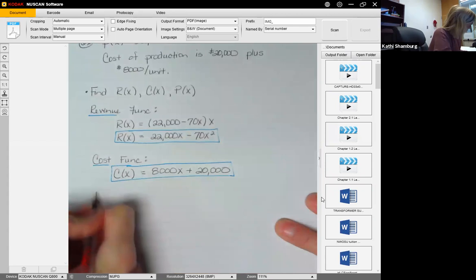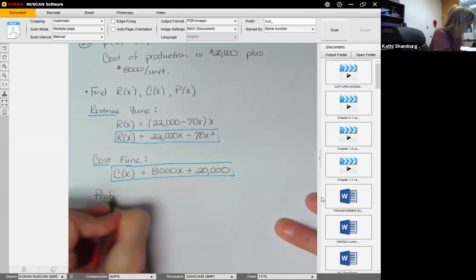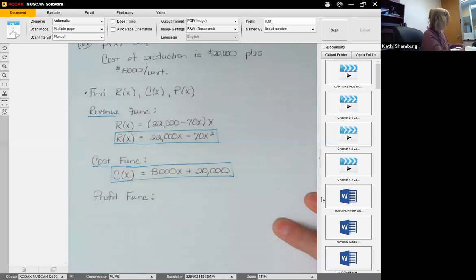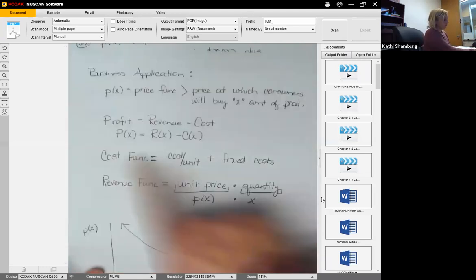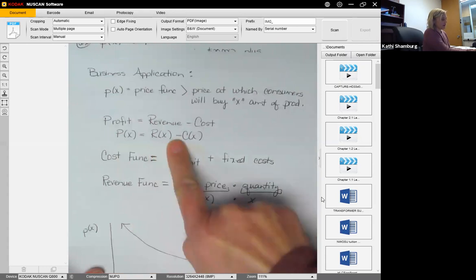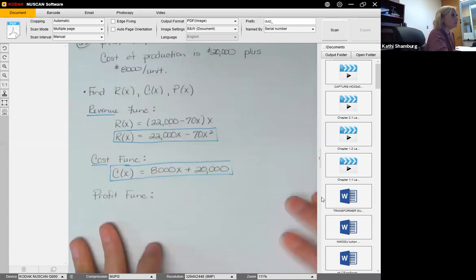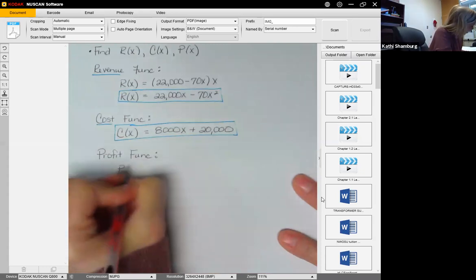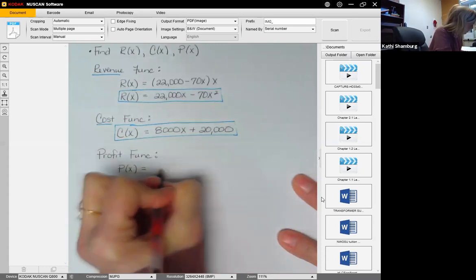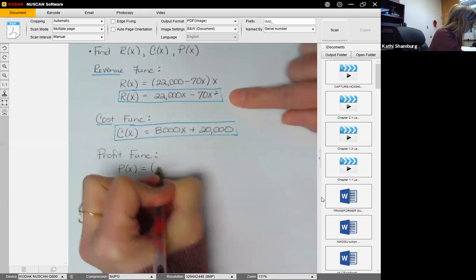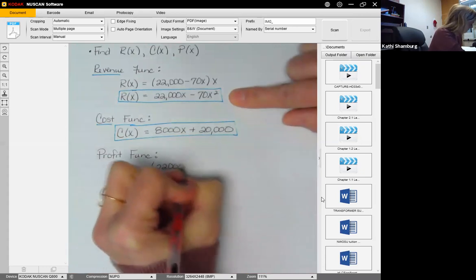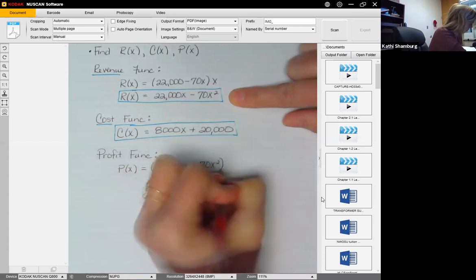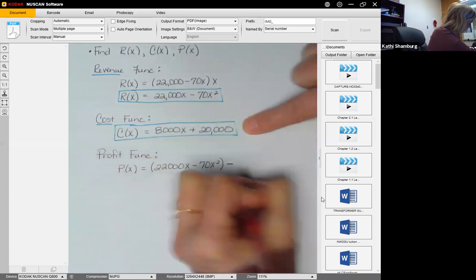Then we are going to get our profit function, which is revenue minus cost. So my profit function is revenue minus cost.